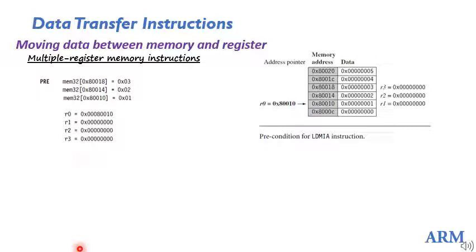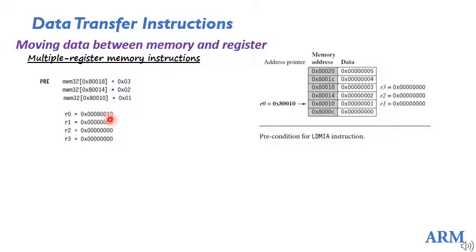So here I have the pre-condition: let me take R0 as 80010, and R1, R2, R3 are all initialized to 0. So the content of R0 is 80010.